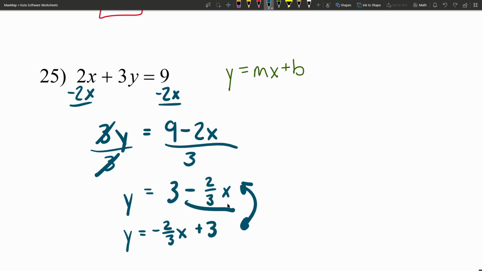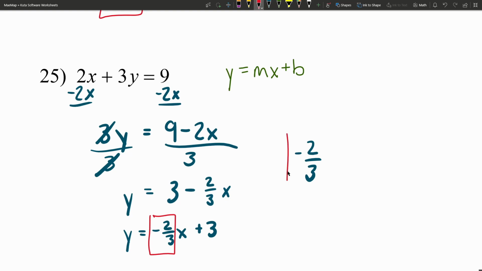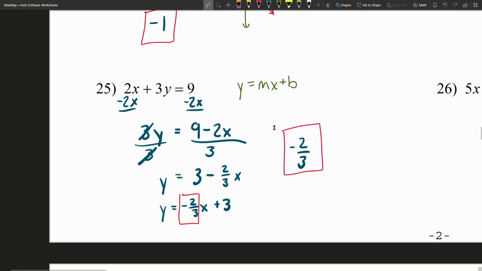But this term was negative where this term was positive. So I have to remember to keep that negative and positive as is. So we can see that my y-intercept, where I'm intercepting that y-axis, is 3, and my slope is -2/3. So again, -2/3 is my slope for number 25.